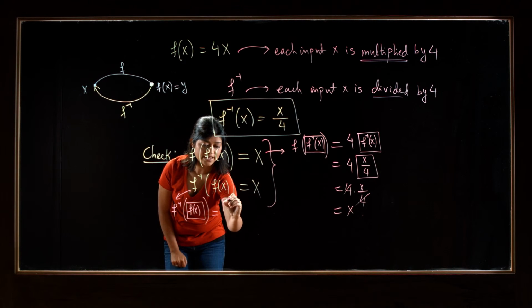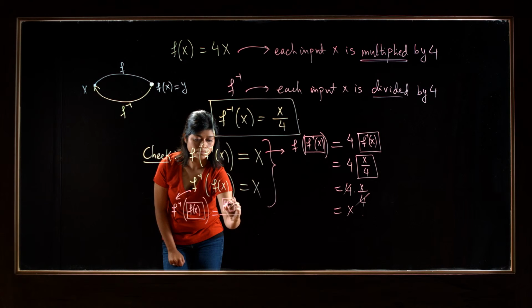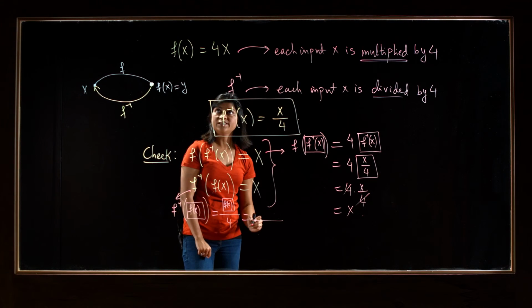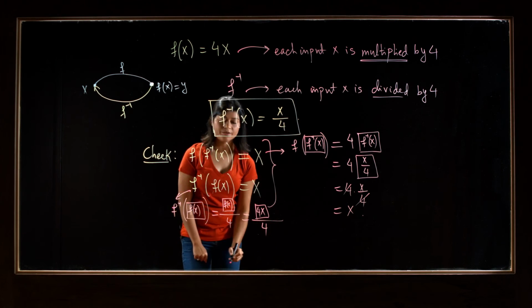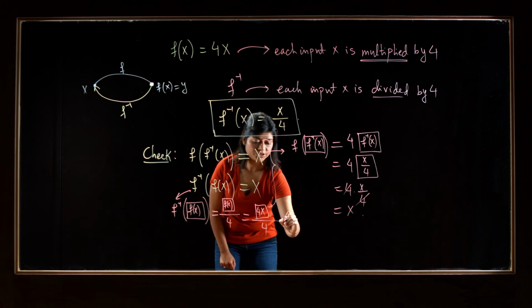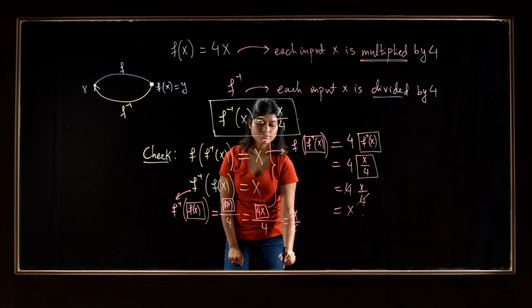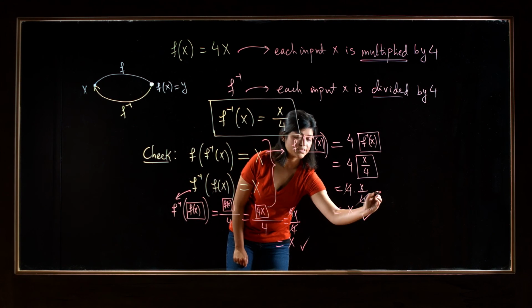Instead of x, you have the empty box over 4, and inside the empty box, you plug in f of x. So what is f of x? It's 4x. So inside the box, you have 4x divided by 4. So this is just 4x over 4. Again, the 4 cancels, and you get x. So this is correct.